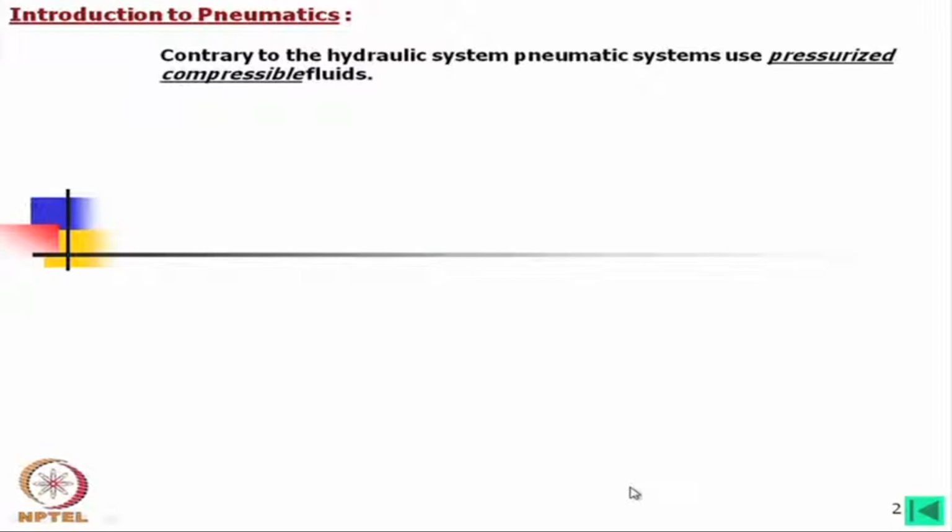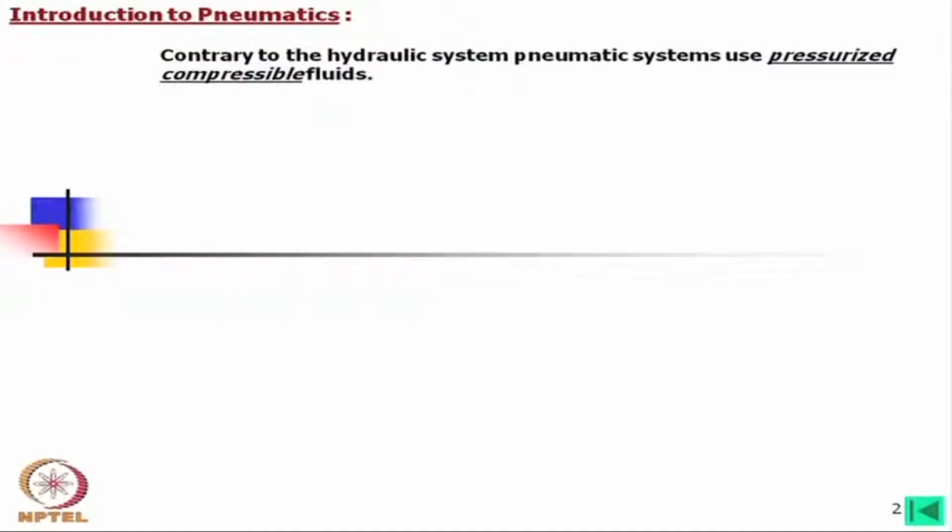Now, contrary to hydraulic system, pneumatic systems use pressurized compressible fluids. This means that in case of oil hydraulics, the fluid is incompressible, and a pressurized fluid inside a conduit acts as an elastic body, maybe like a solid member.